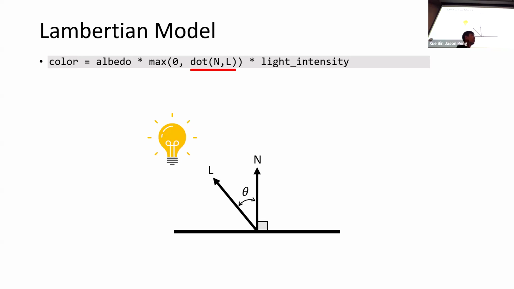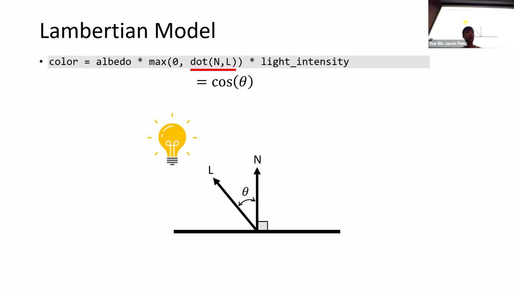Now, given the light vector and the normal vector, the Lambertian model is going to compute a dot product between these two vectors. Now, when we compute a dot product between two unit length vectors, this is going to give us the cosine of the angle between the two vectors.